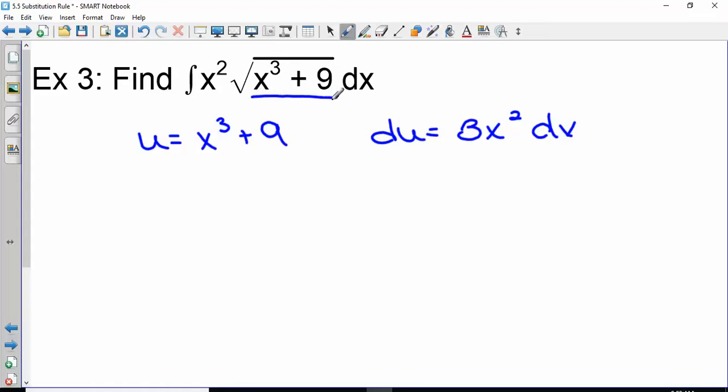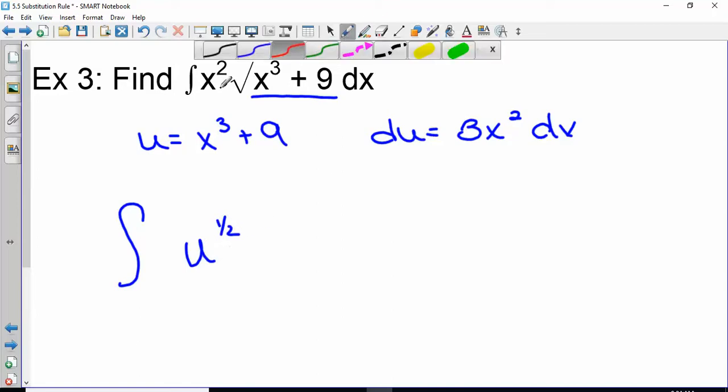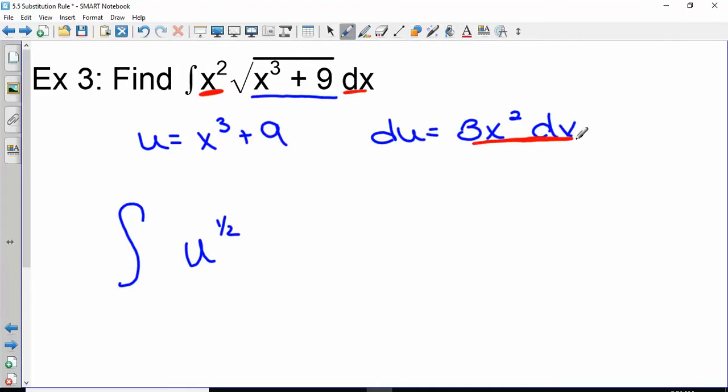We have this x cubed plus 9. That would get replaced with my u, so that's just going to be a u to the 1/2. Then in this we have an x squared dx. That's here, but I don't want this 3. What should I do with that, do you think?